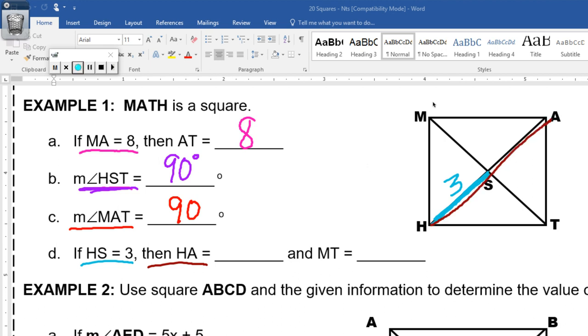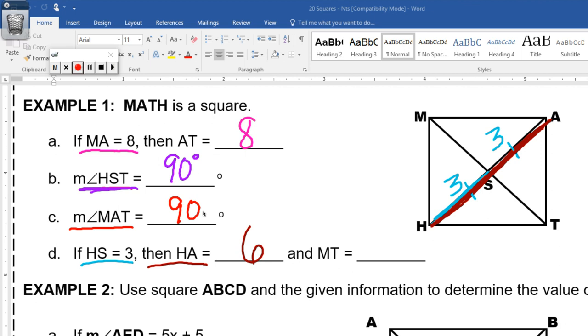HA is the entire length. Don't forget that our diagonals are being cut exactly in half. So if that's 3, this little piece is 3, and the whole thing is just adding 3 plus 3. So my answer would be 6.